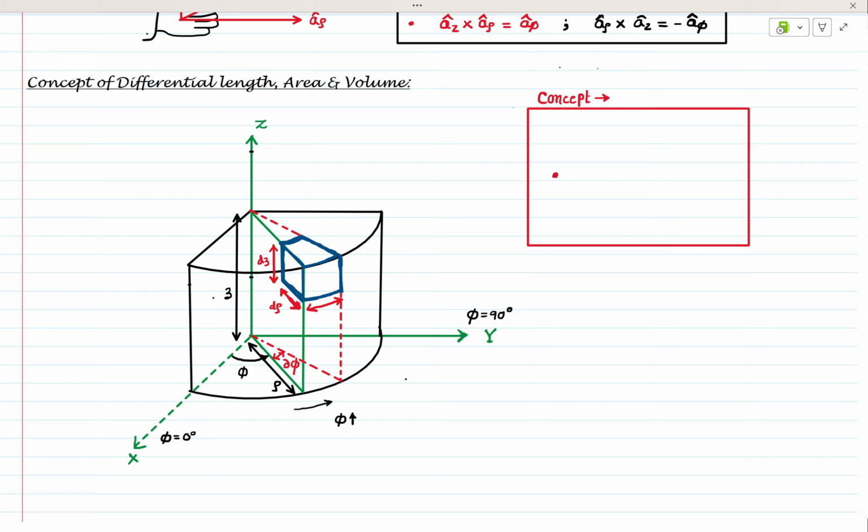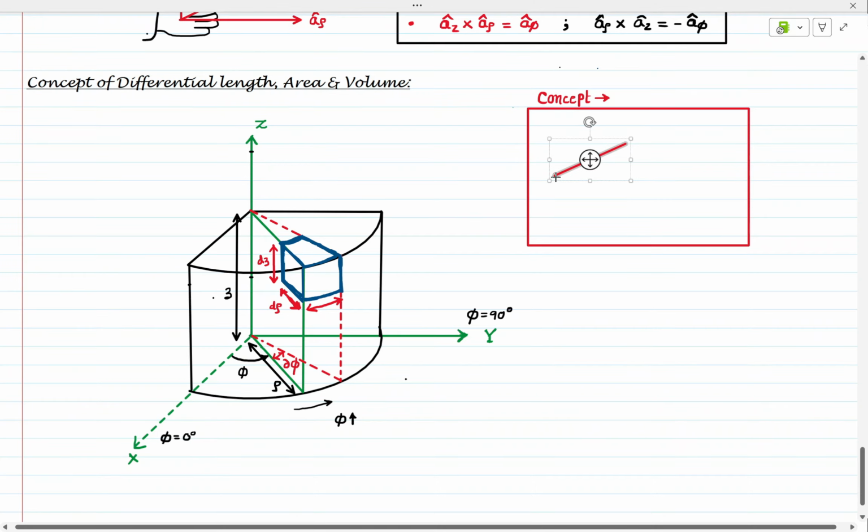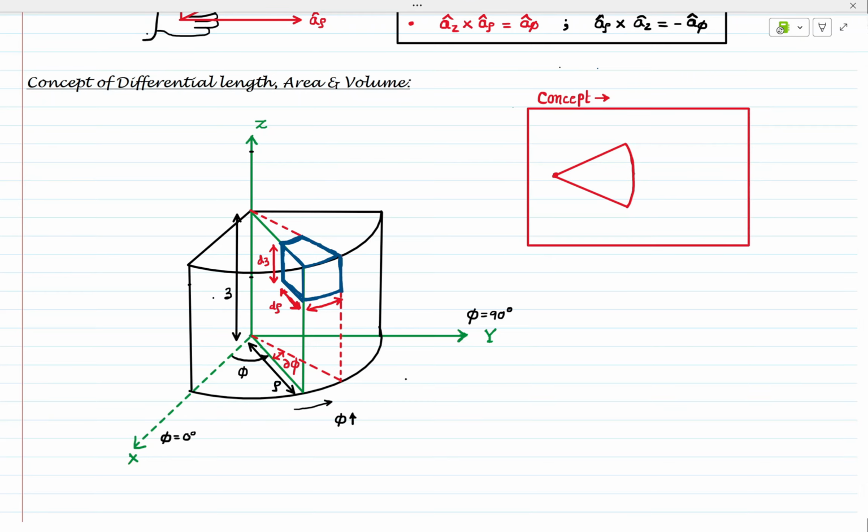The concept is, if this is the center of a circle denoted by O, and there are two radii, and the angle between these two lines is theta, then what will be this?